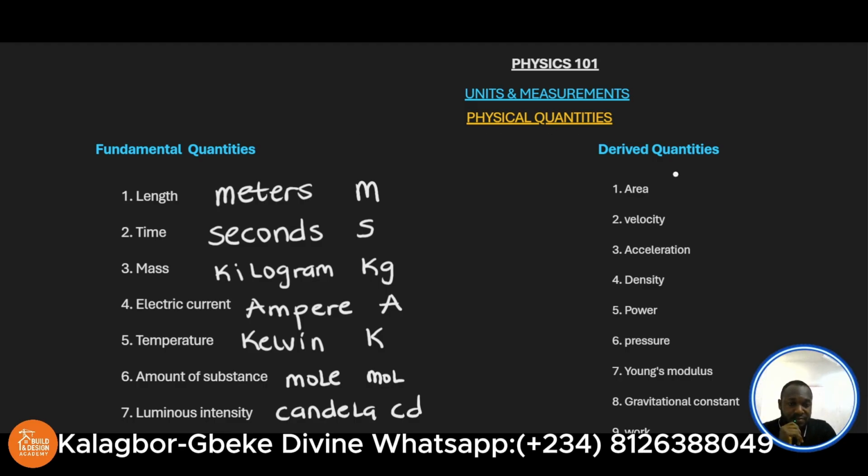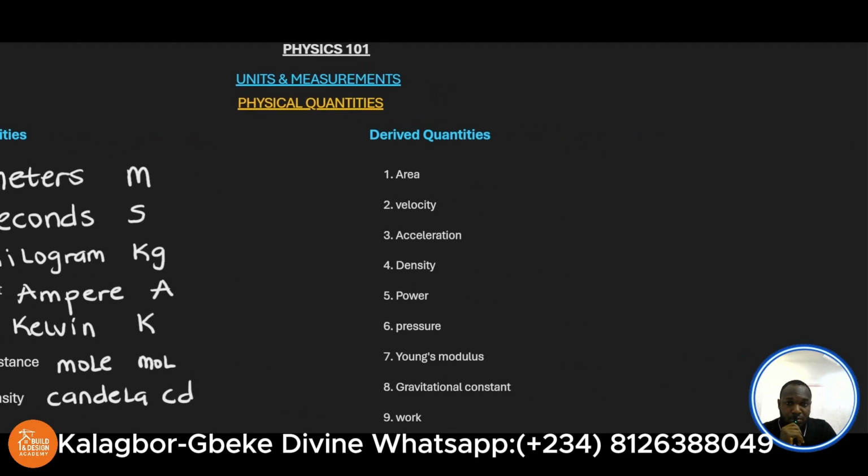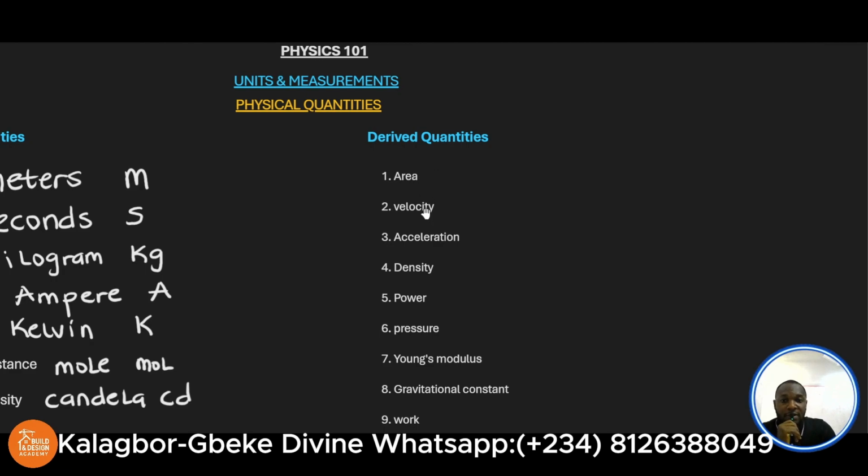We know that area is equal to length times breadth. Length is measured in meters and breadth is also measured in meters, which gives us meters squared. Meters squared is the same thing as L squared.